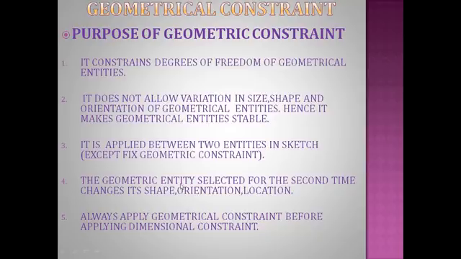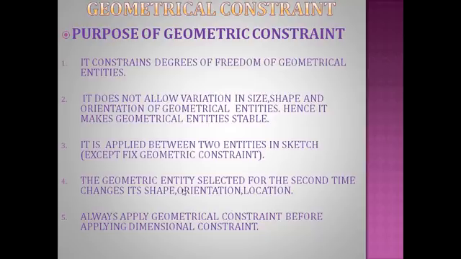The geometrical entity which is selected for the first time becomes the reference, and the second changes its shape, orientation, and location with reference to it. Always apply geometrical constraint before applying dimensional constraint. The reason is, if you apply dimensional constraint and after that you want to apply geometrical constraint, then the shape changes.